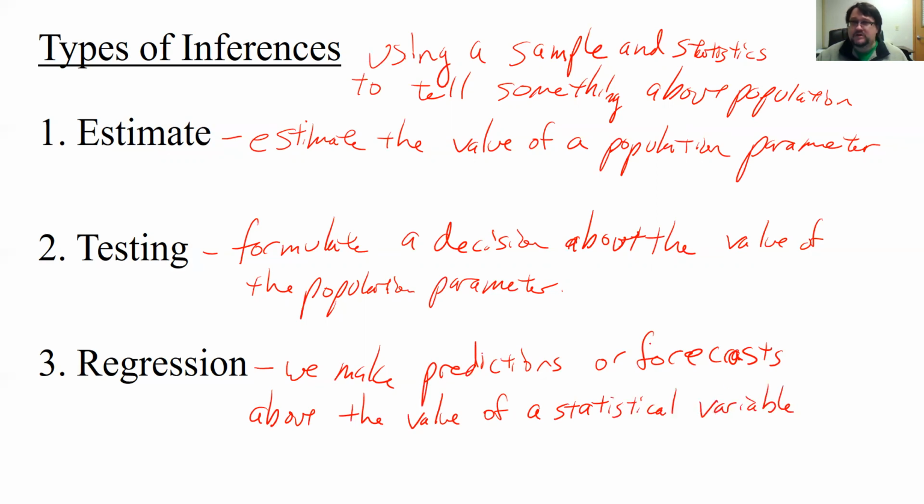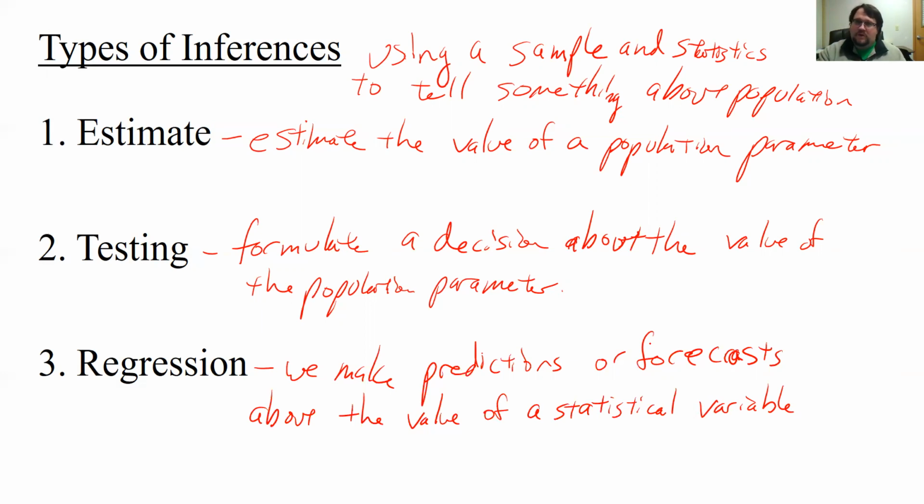So when we're doing regressions, we're looking at what has already happened and then using that to predict what's going to happen in the future. What if I've done this study and that study, and I've had, let's say, a certain standard deviation, and I go, okay, it looks like the standard deviation works this way. I'm going to do a sample in the future and make a prediction. It's going to be close to this number. That type of thing is regression.